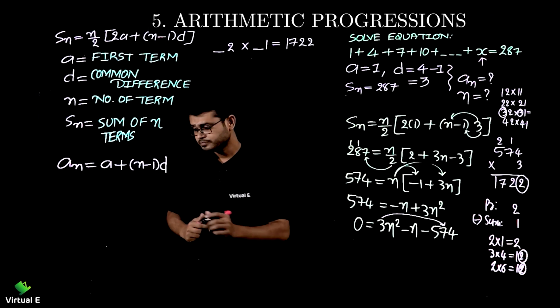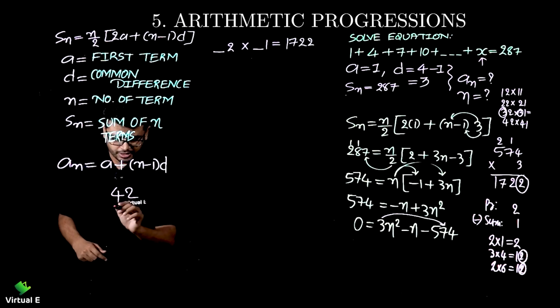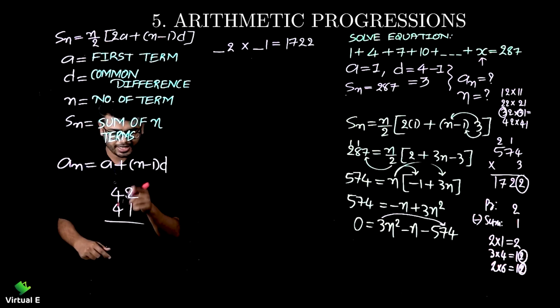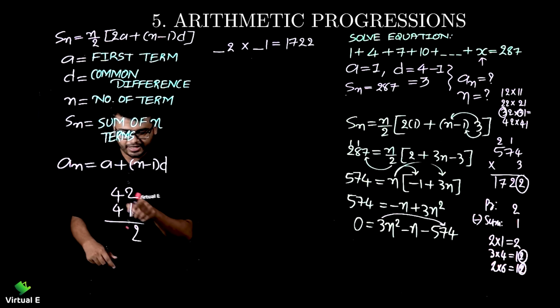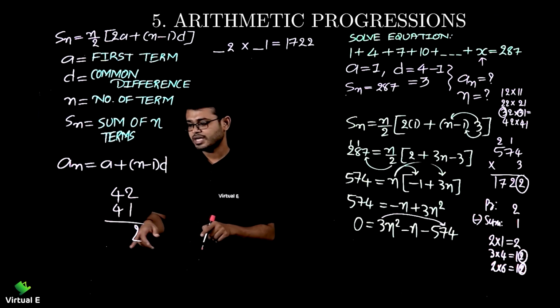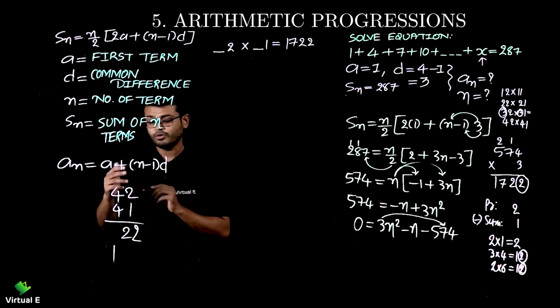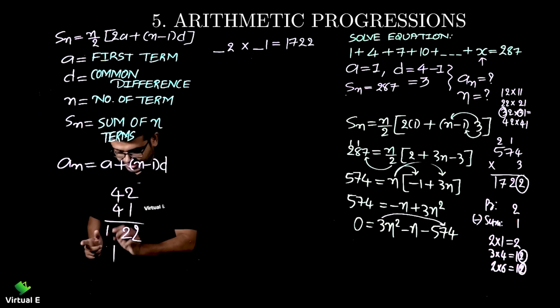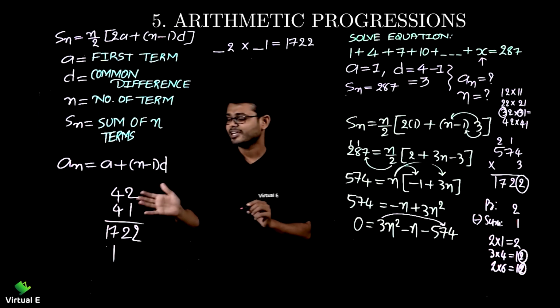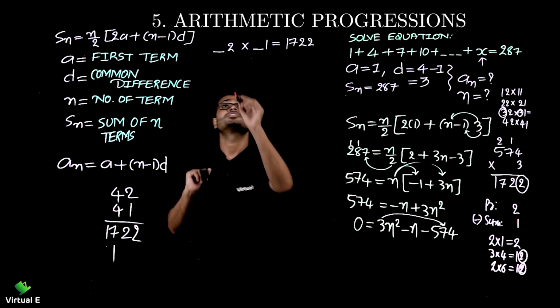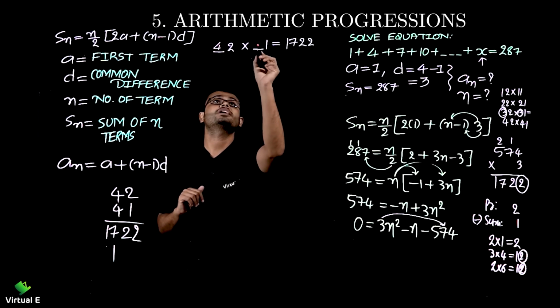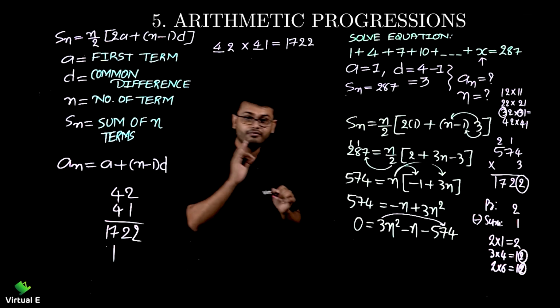So let's try with 42 and 41. Let's multiply. 2 ones are 2, then 4 ones are 4, 4 twos are 8, 8 and 4 will give you 12, 2 carry over 1, 4 fours are 16 plus 1, 17. So we are getting that number 1722. So my factors are 42 and 41.